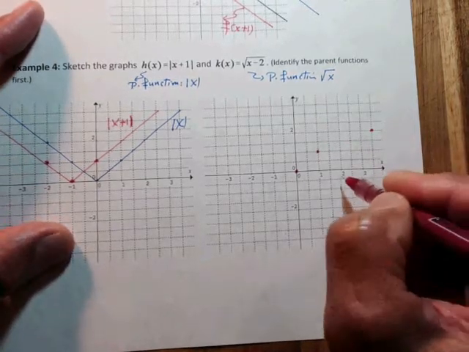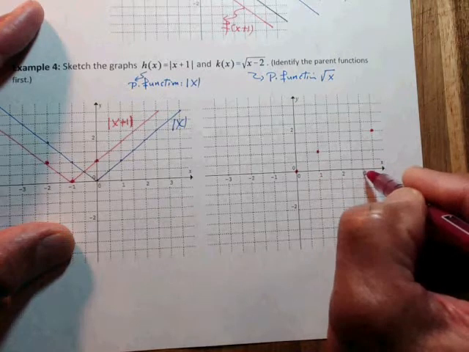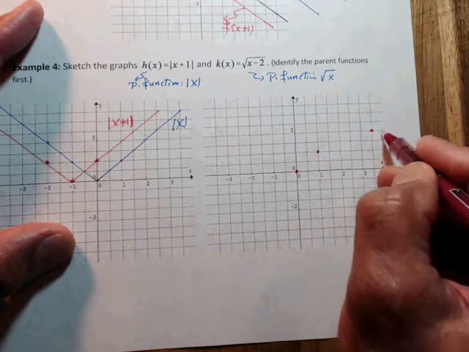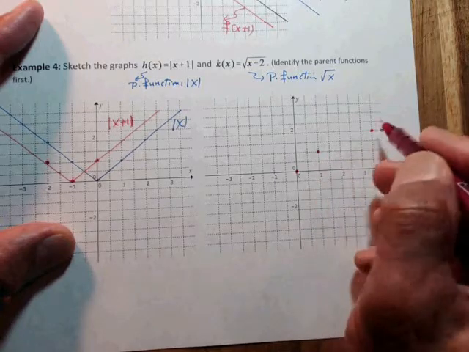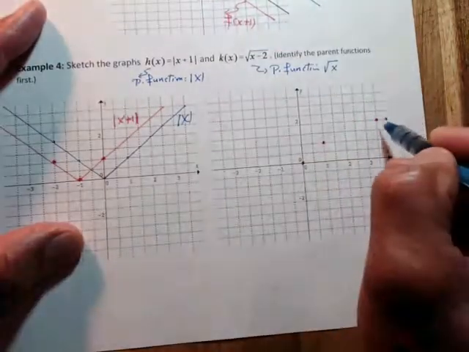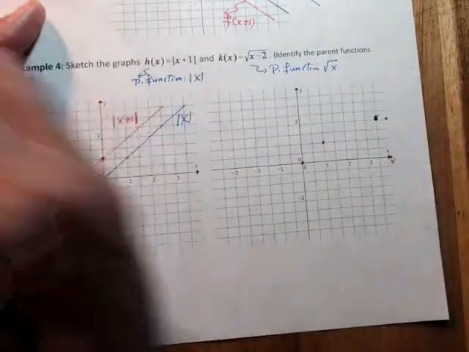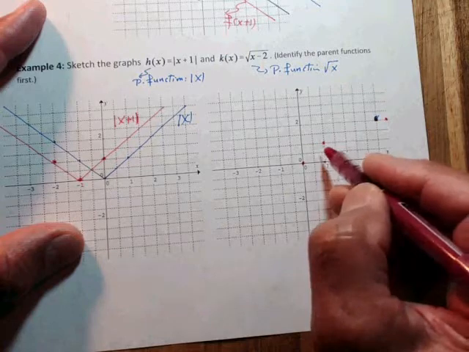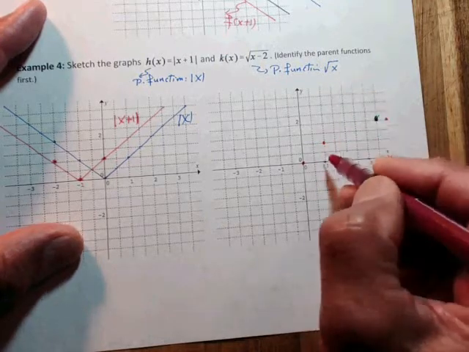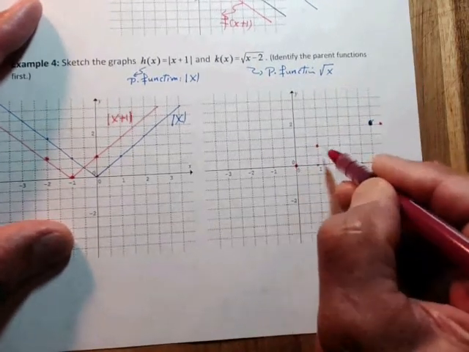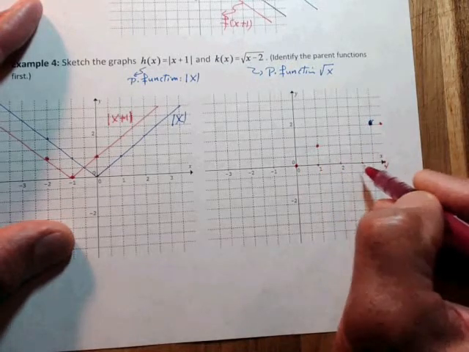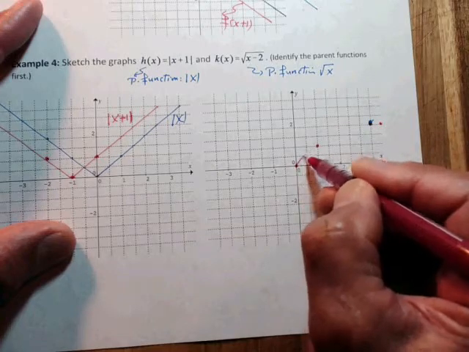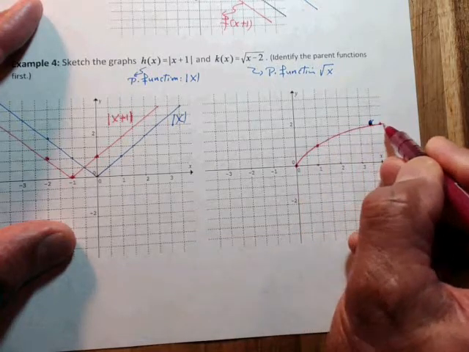This is 1, 2, 3, 4, right here. So the parent function square root of x goes through the points 0, 0, 1, 1, and 4, 2. So the graph looks like that.